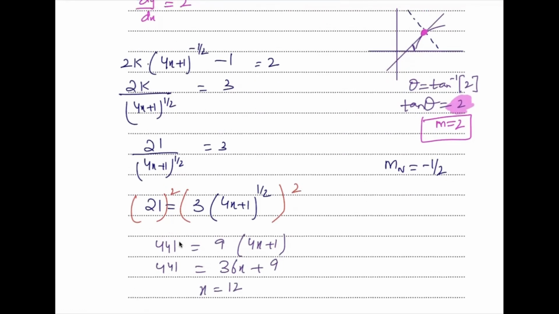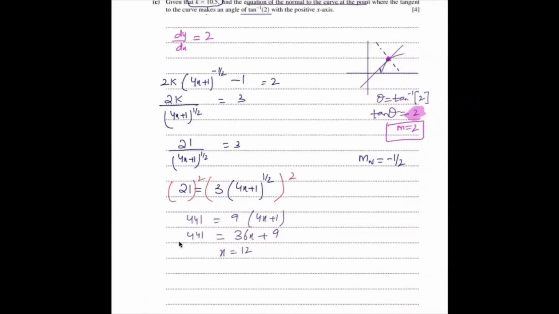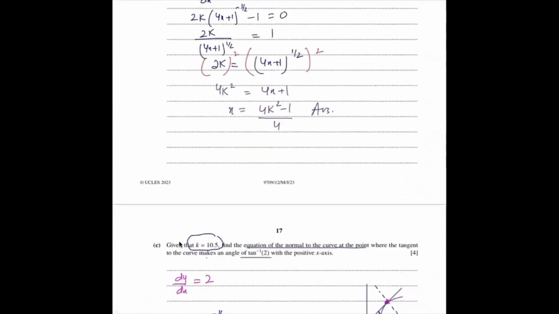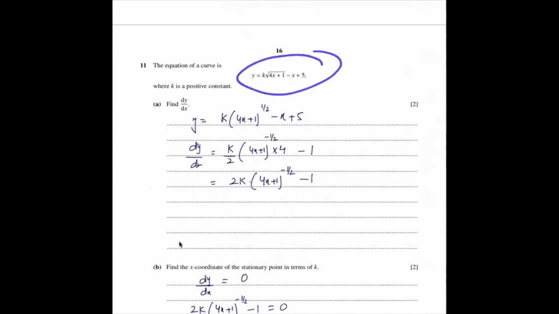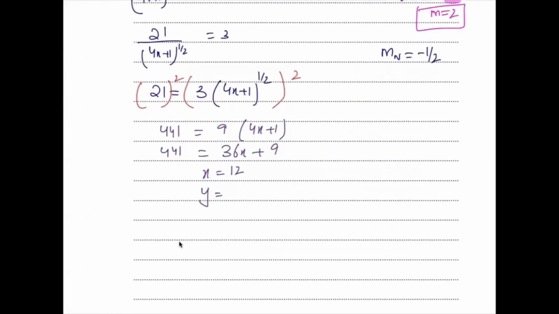So it's the x value. The point where the tangent line was being made is 12. X is 12. To find the y coordinate, we can just plug the value back in the equation. The equation is given to us over here. So y equals to k, that is 10.5 square root 4 times 12 plus 1 minus 12 plus 5.